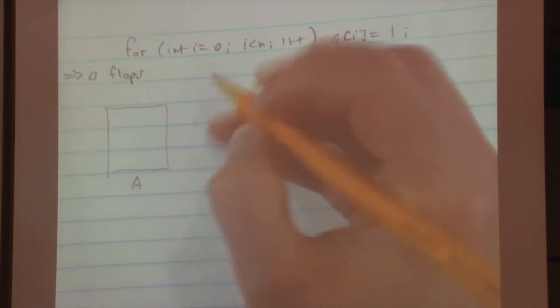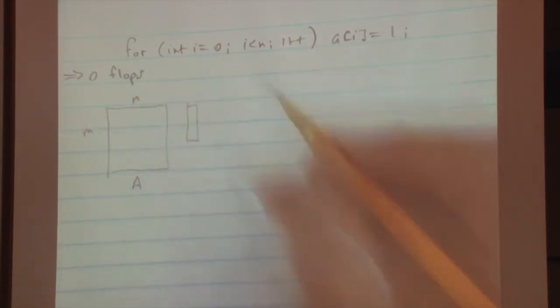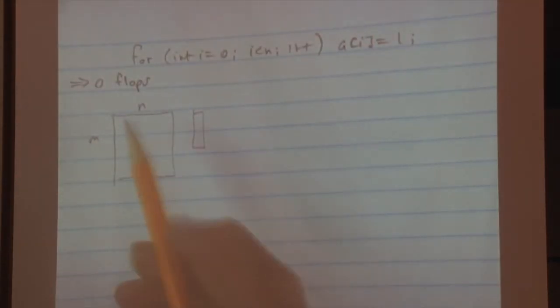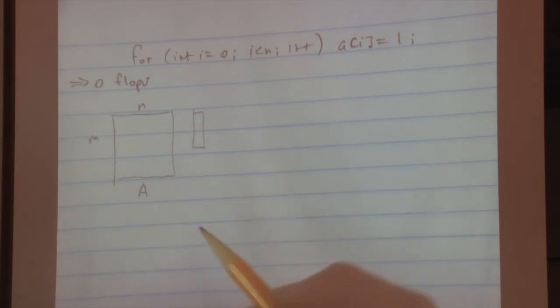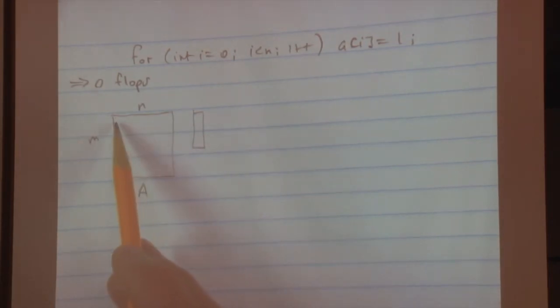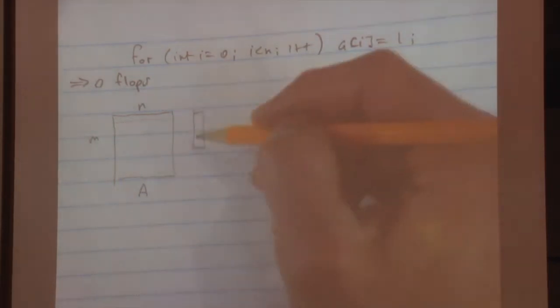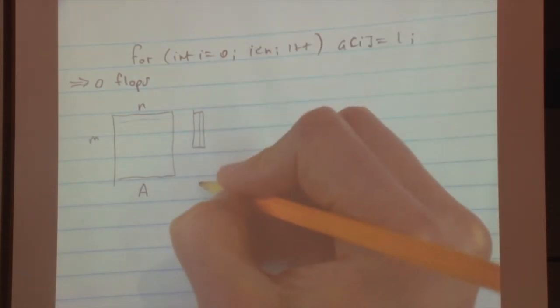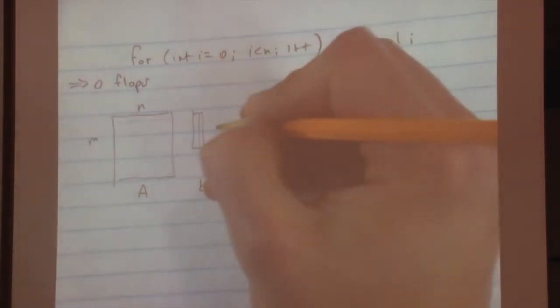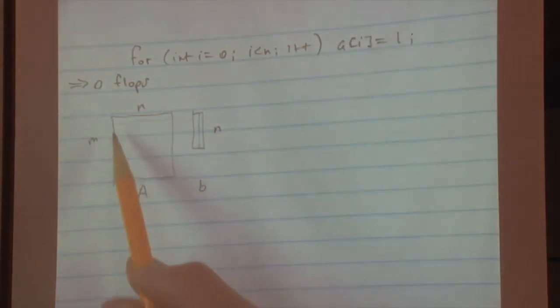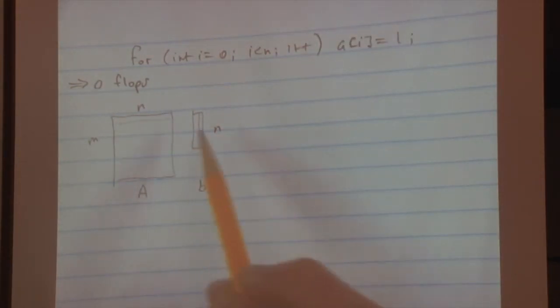Well, we know that a single inner product costs about 2 times the length of the vectors in flops. So if I just take the inner product of one row of A with B, that costs 2n flops. To do the matrix multiplication, I need to do m of those, the inner product of every row of A with B, so it's 2mn flops.